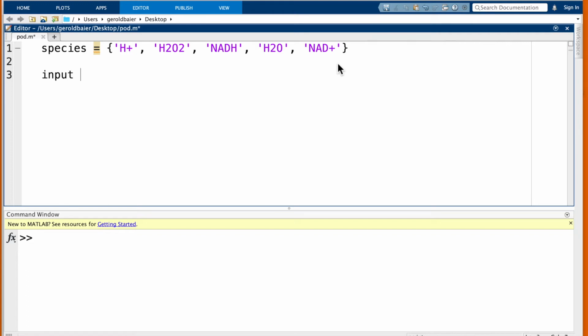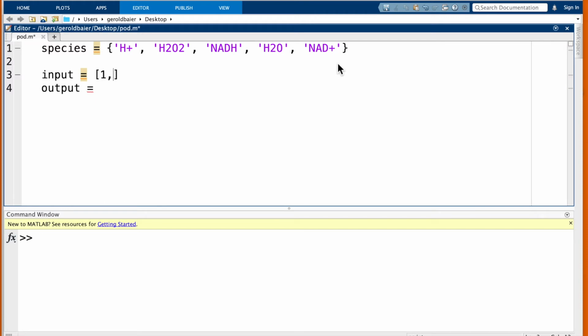So we need to first formulate the input and output vector for this reaction, and we formulate it by assigning it to a variable. In each case we'll have a vector in square brackets, and the first vector will summarize the substrates only. So what do we have?